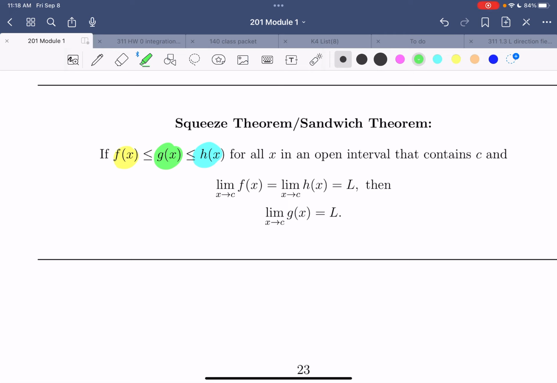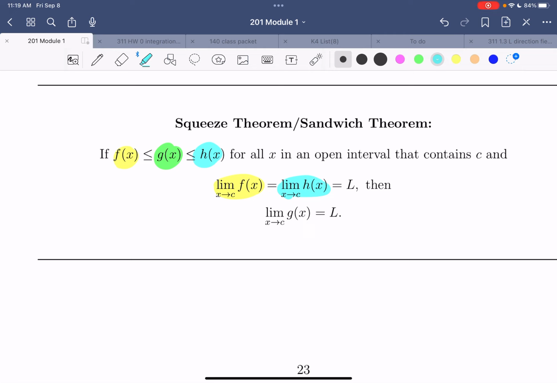So what happens is, if the limit of f and the limit of h, so the small one and the big one, are going to approach the same number, then the one that's between them has to go there as well. It's going to sandwich the g of x function between the larger function and the smaller function, and it's going to send it to that same value.